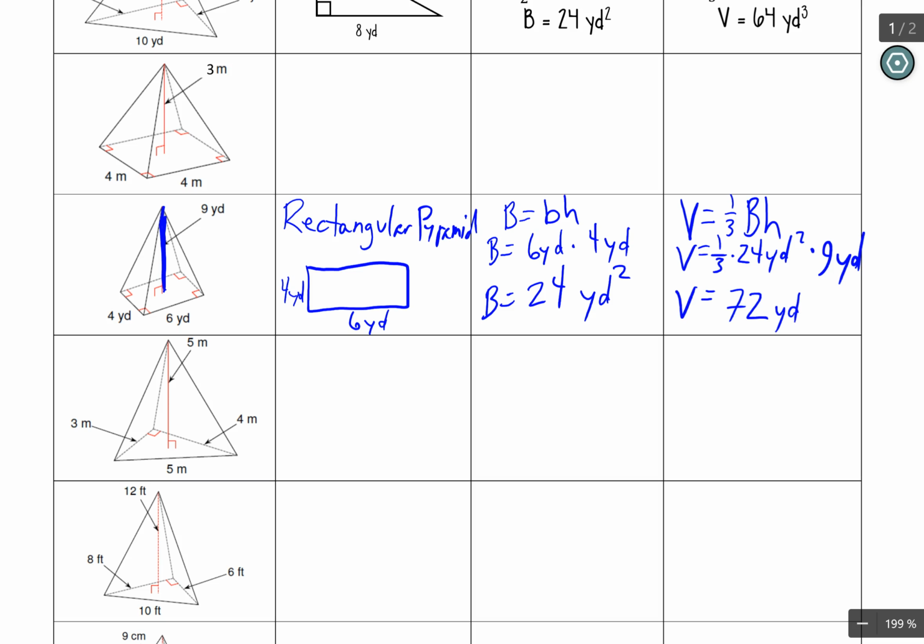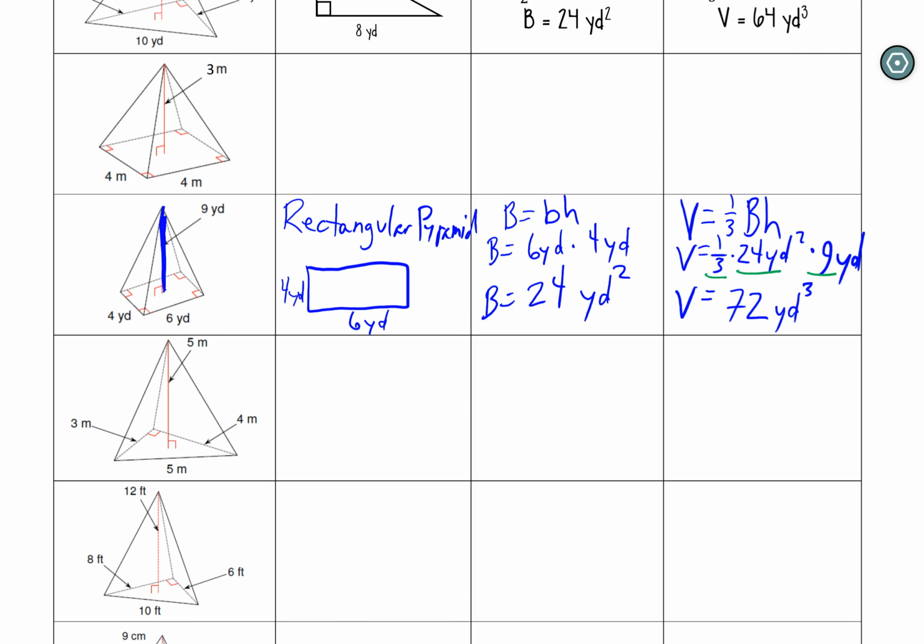I have yards squared times yards, which is yards cubed. And as we know, all volume is measured in cubic units, or whatever that unit is cubed. So yards cubed, meters cubed, miles cubed, and so on. Again, just in case you didn't see what I did, I had 1/3 of 24, which was 8. 8 times 9 is 72, and that's where I got my answer.